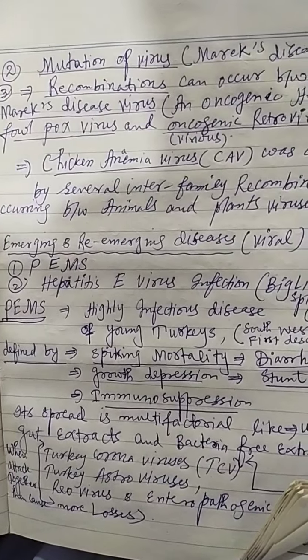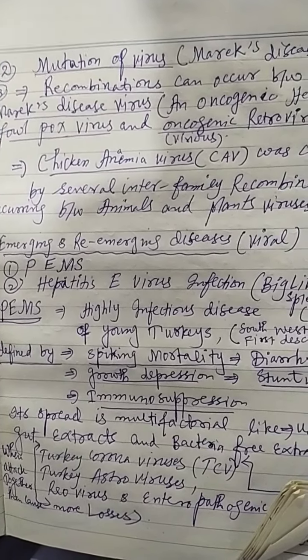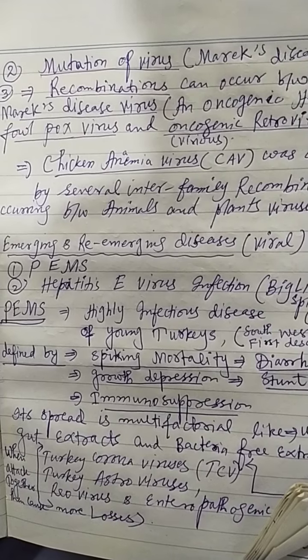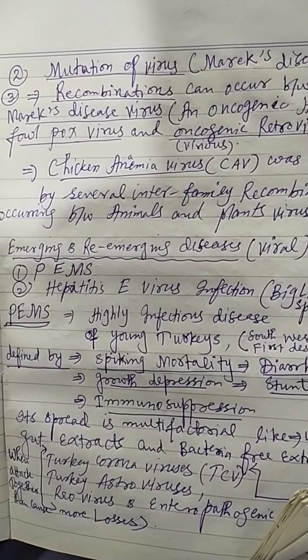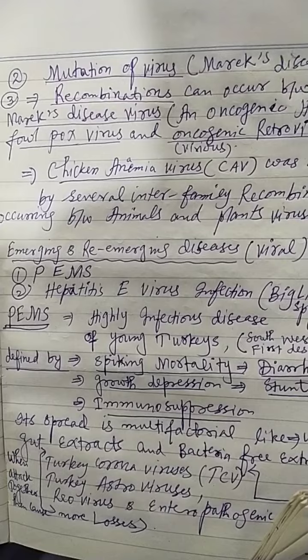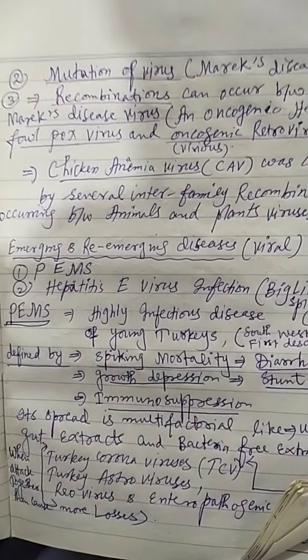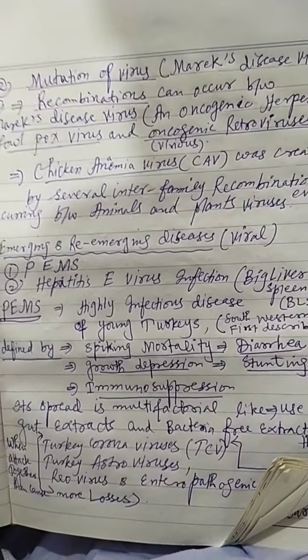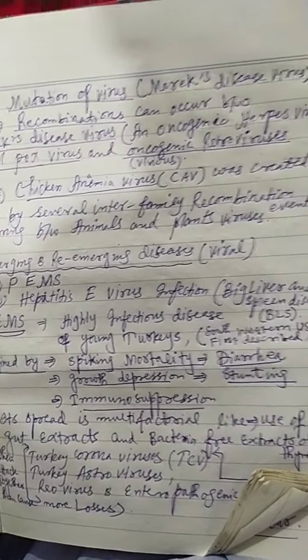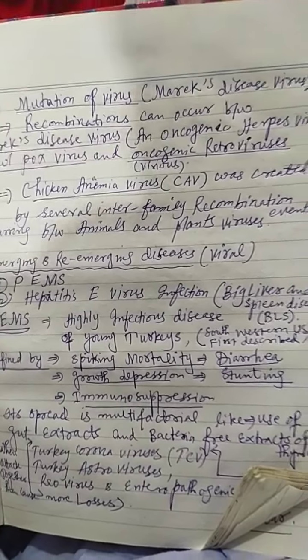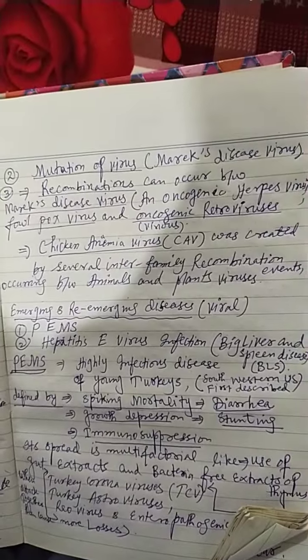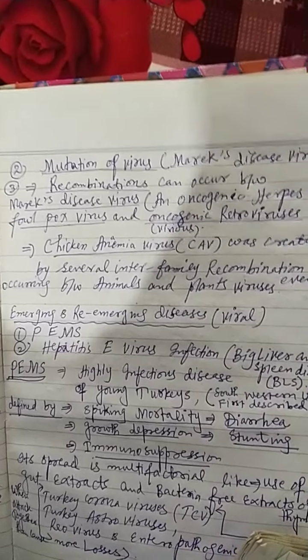Now come the viral emerging and re-emerging diseases in poultry. Number 1 is PEMS. Number 2 is hepatitis E virus infection, which is also called big liver and spleen disease. What is PEMS?